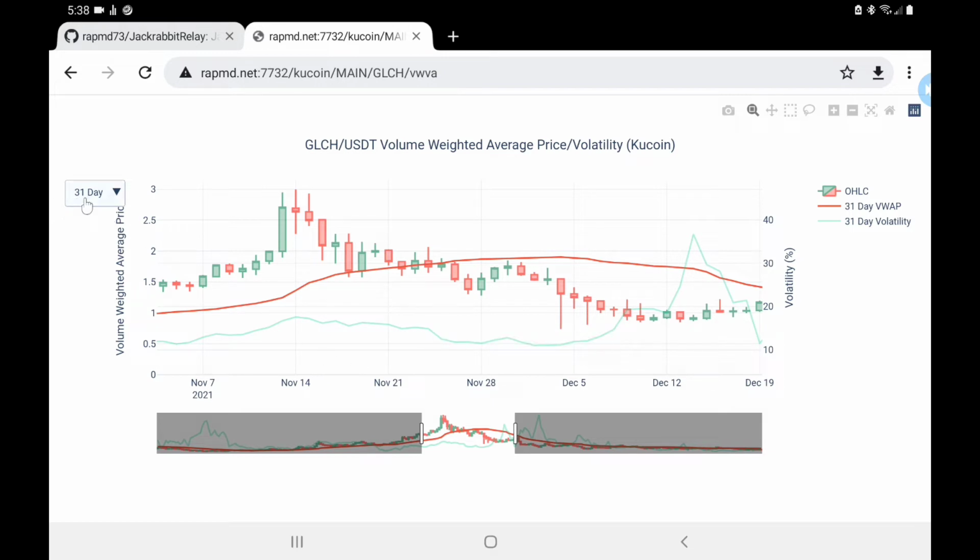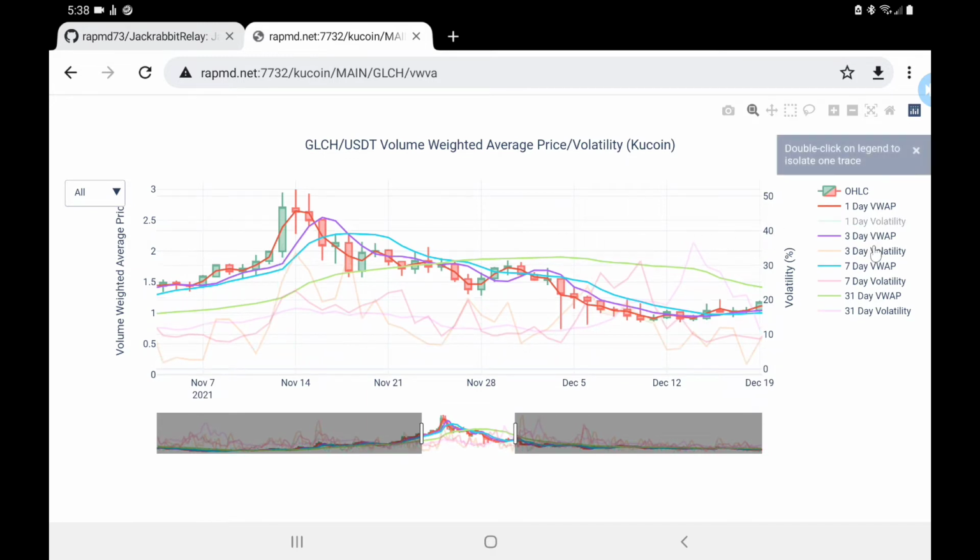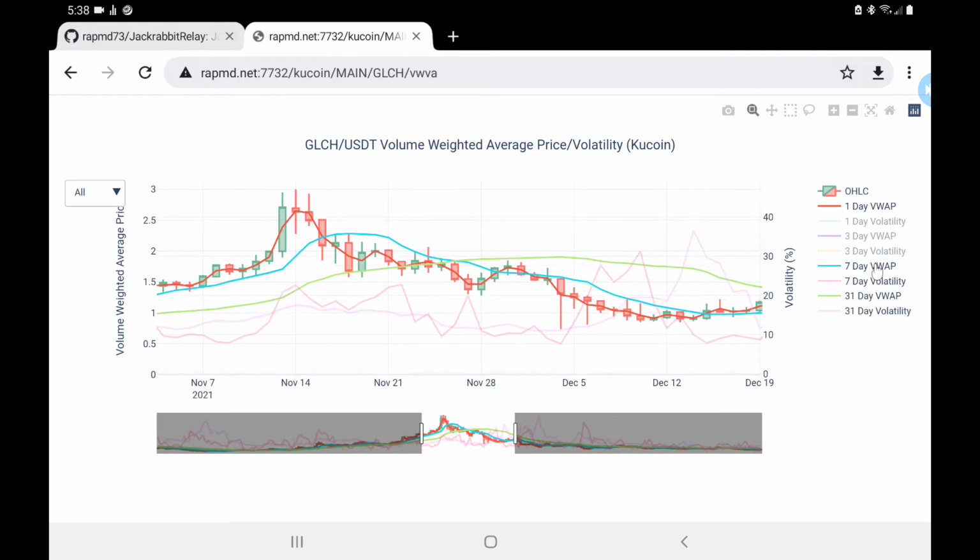If you go to all, you can pick and choose what you want just by clicking on the items in the legend. So here we have the one-day volume weighted average price and the 31-day volume weighted average price.